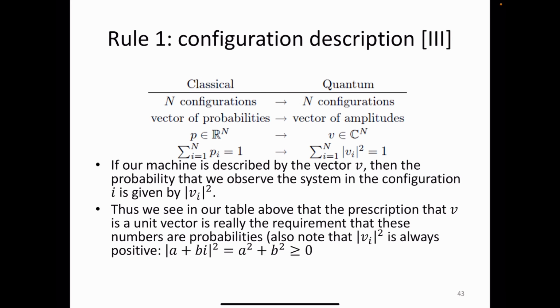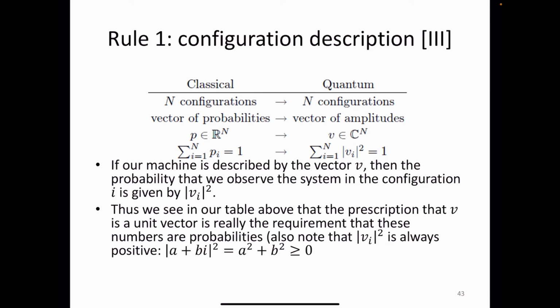Okay, so if we compare these two, the configuration description of classical and quantum systems, then you have n configurations, both classically and quantumly. In a classical system, you have a vector of probabilities compared to a vector of amplitudes in the quantum system.